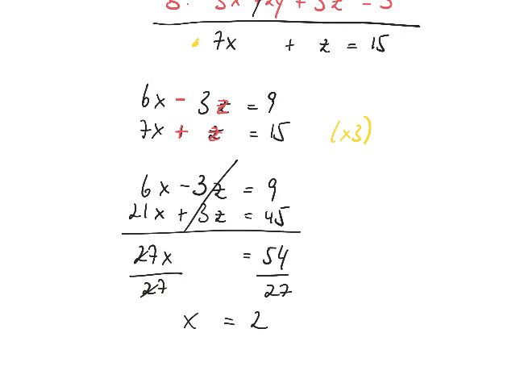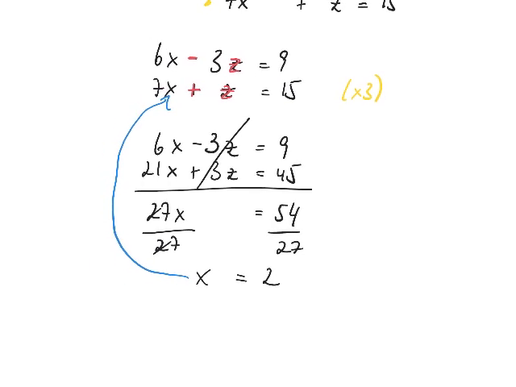So now I take this x equals 2 and put it in here instead of the x, so that I can find the z. Instead of x I write now 2, because I know the x is 2, plus z equals 15.